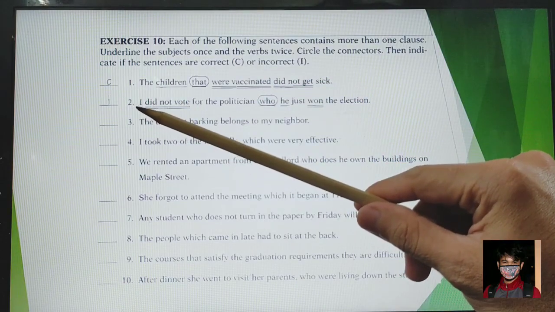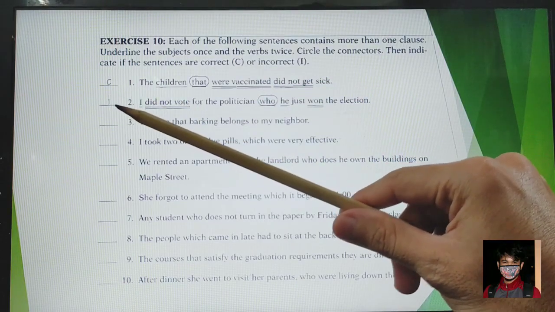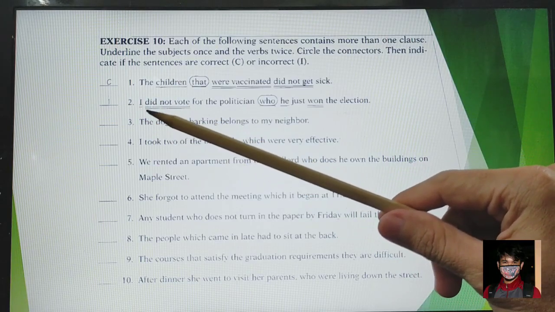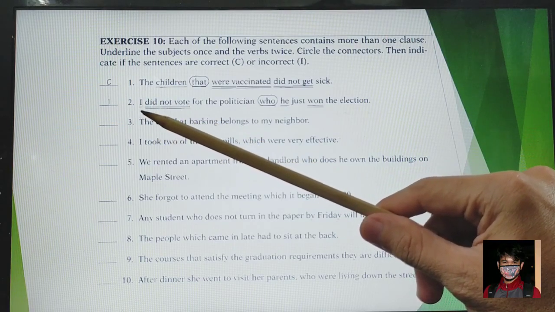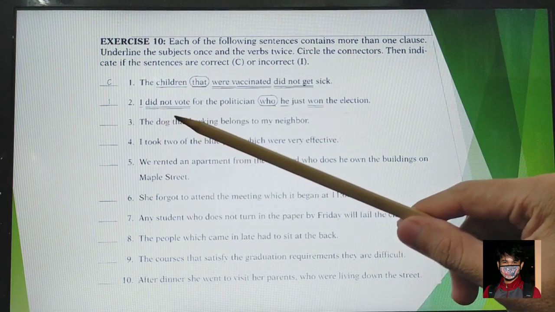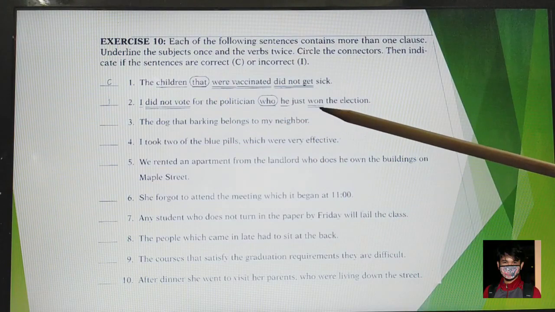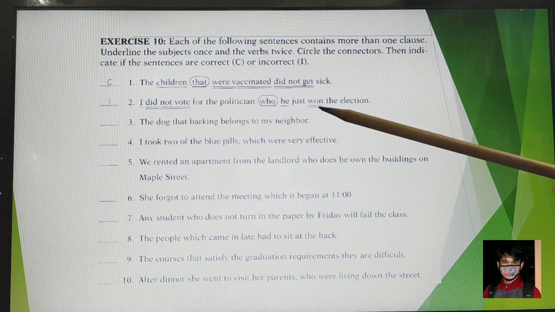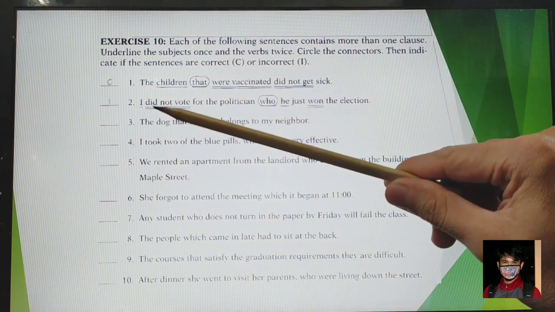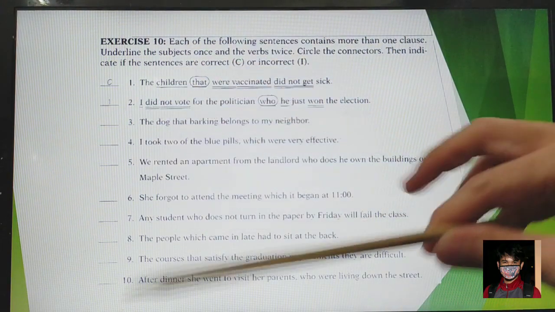So what about the second one? The second one is identified as an incorrect sentence. Why? Take a look at this one. You have to find out the subject first, and you find two verbs, did not vote and also won. So you have to identify which one is the main verb. The main verb is here: I did not vote for the politician.